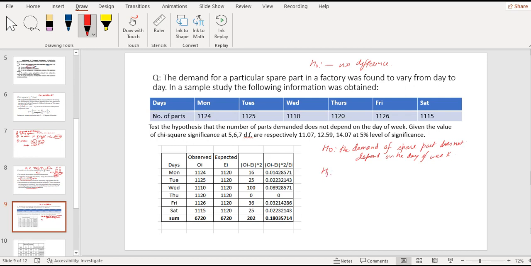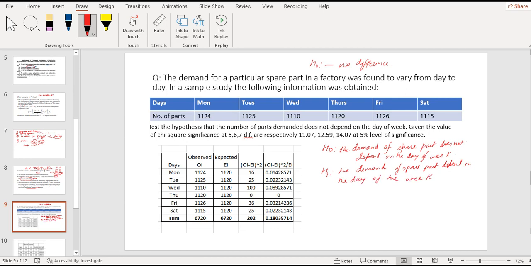The alternative hypothesis will be that the demand of the spare part depends on the day of the week.